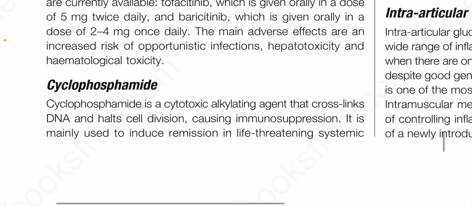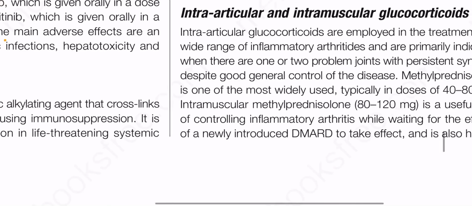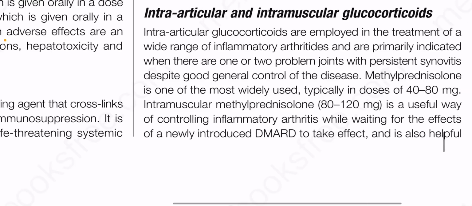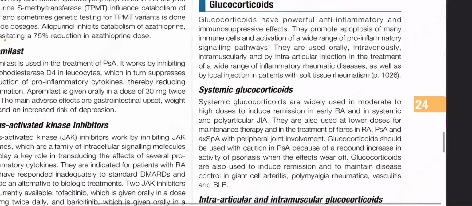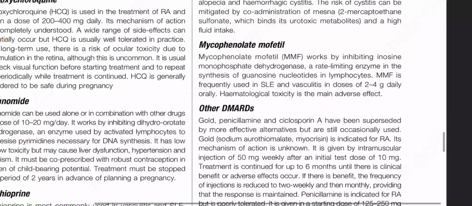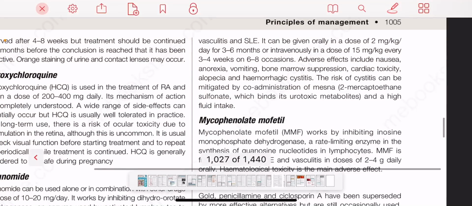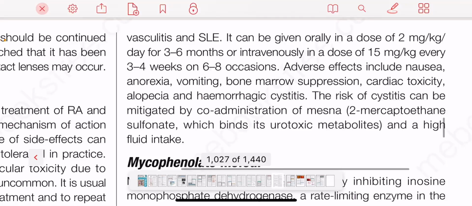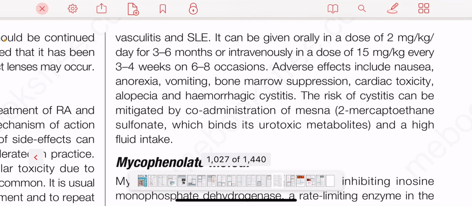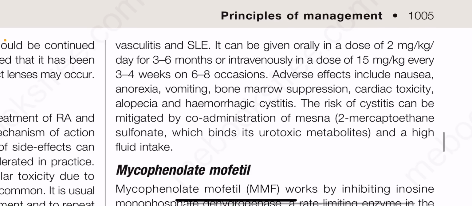Now, cyclophosphamide. Cyclophosphamide is a cytotoxic alkylating agent that cross-links DNA and halts cell division, causing immunosuppression. It is mainly used to induce remission in life-threatening systemic vasculitis and SLE.